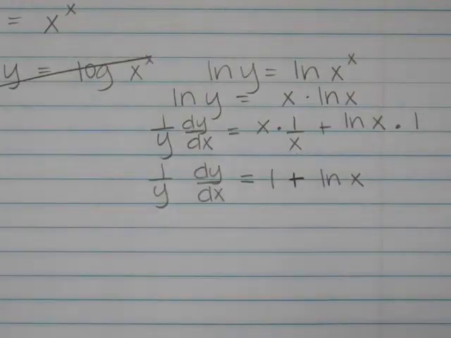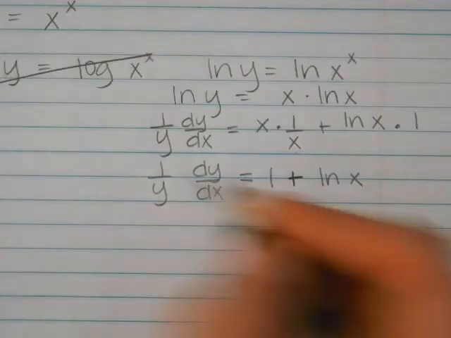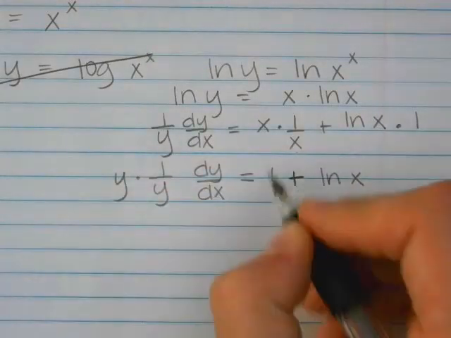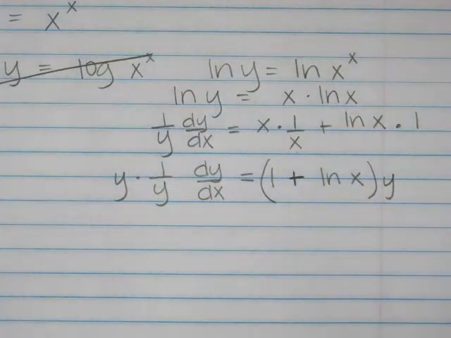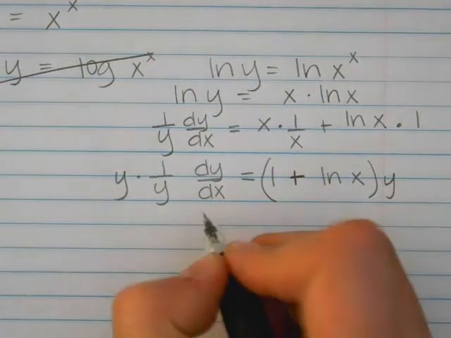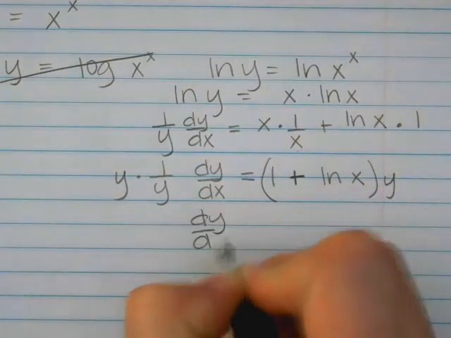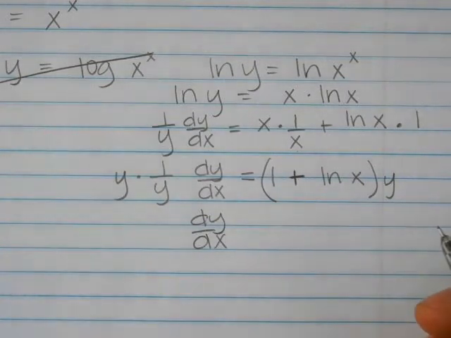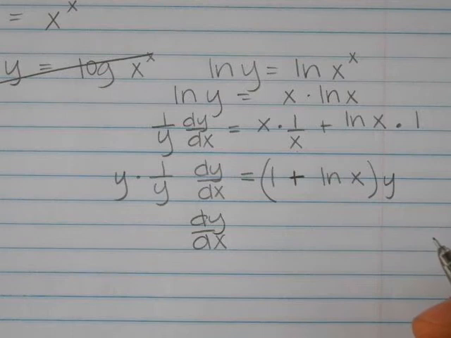And then how do we get dy dx all by itself? Multiply by the y, right? We just want to bring that y over to the other side, so I'm going to say multiply by y. Take this entire side and multiply by y. And if you guys remember when we did the implicit differentiation, every so often we would make a substitution. If we knew what something equaled, we would put it back in the problem. Do we know what y equals? It equals x to the x.